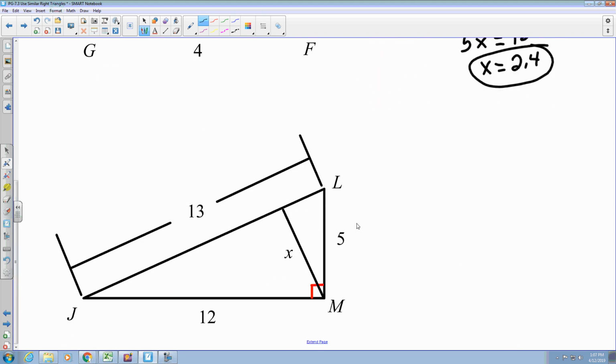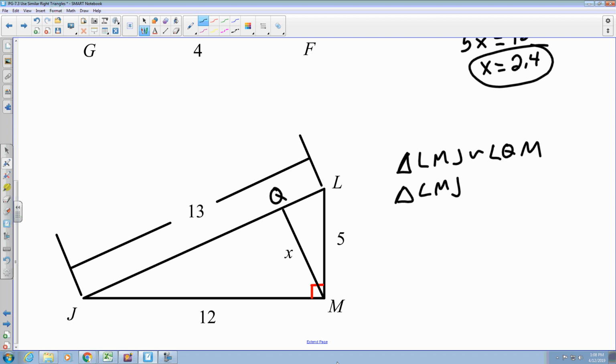If we look at this particular example here, we got to look at our large triangle, which is going to be triangle LMJ. This one's going to be similar to, we'll just call this point Q, triangle LQM.